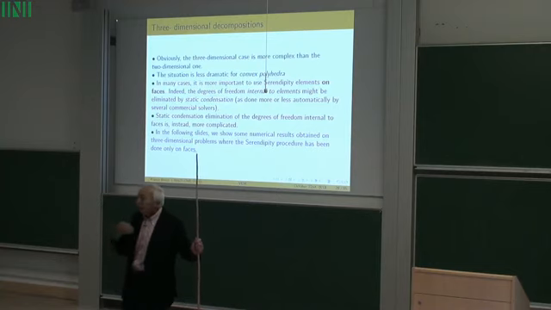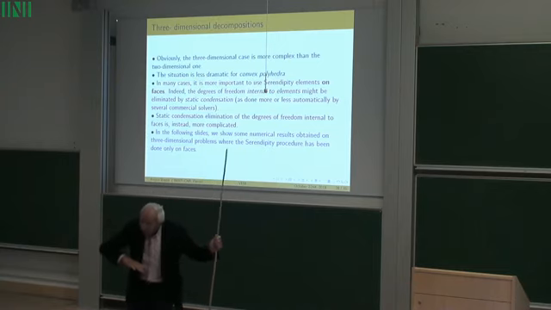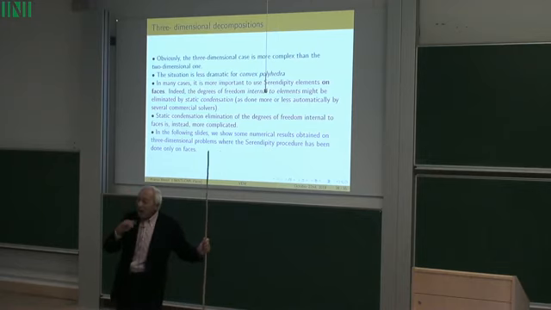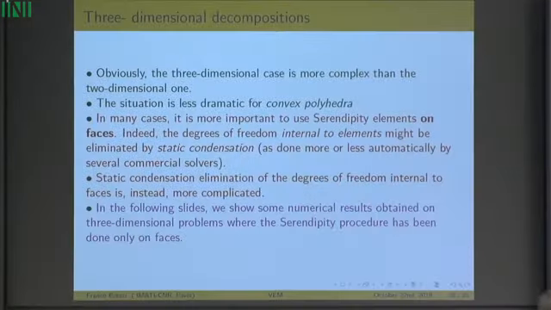And several codes do it more or less automatically. You don't have to do the static condensation yourself. When you go to 3D for faces, it is a different matter, because if you have the face degrees of freedom, they see two elements, so it's more complicated. So it will increase, lose the sparsity of the matrix.